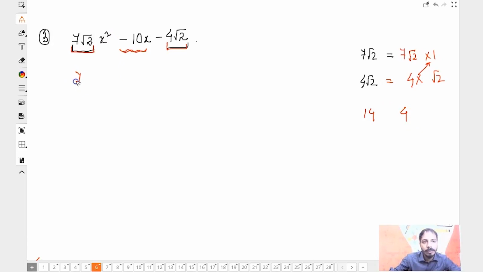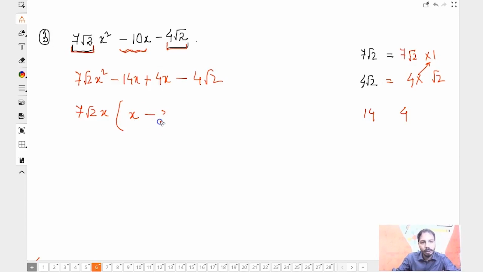So now 7 root 2 x squared minus 14x plus 4x minus 4 root 2. Simple. Now if I take 7 root 2x common, what will I get? I will get x minus 2. Right? That's what I will get.